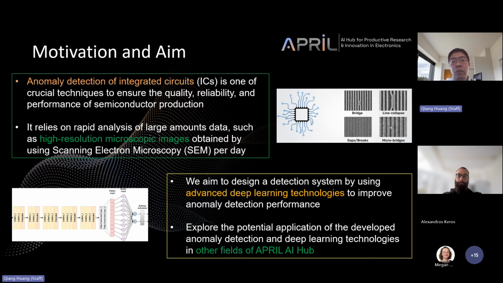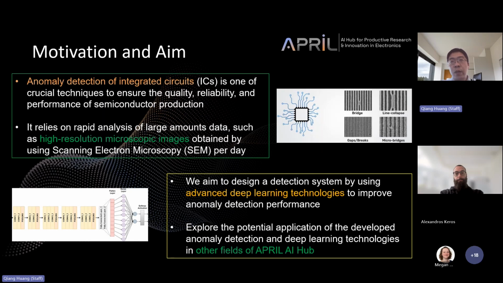So in order to avoid potential risks when they produce this chip, generally they need to use some technologies to scan the structure of the chip and try to prevent potential issues.